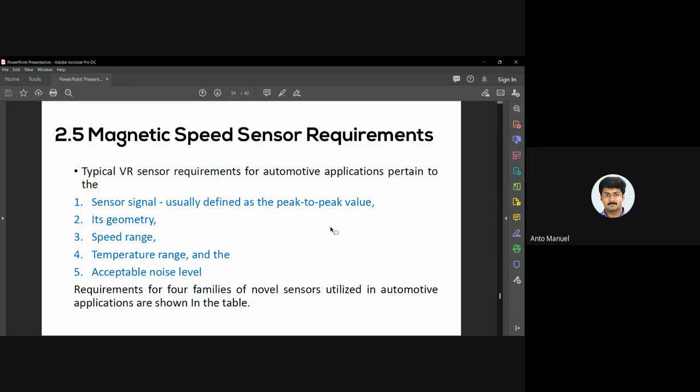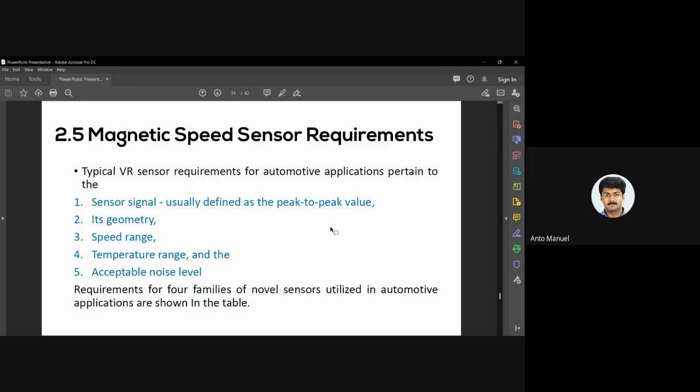And the temperature range. Is your designed system capable of giving you the perfect output at high temperature or low temperature, and how is your system influenced by the change in temperature? That is the temperature requirement. And acceptable noise level.